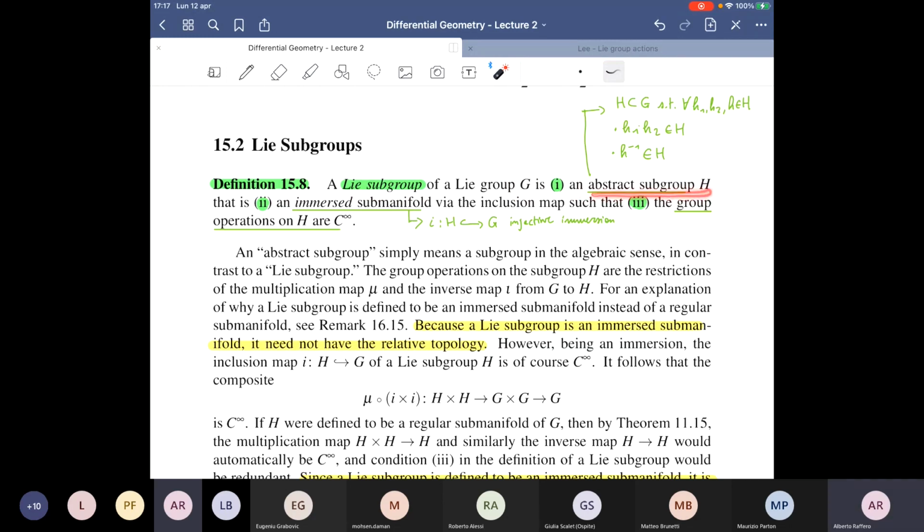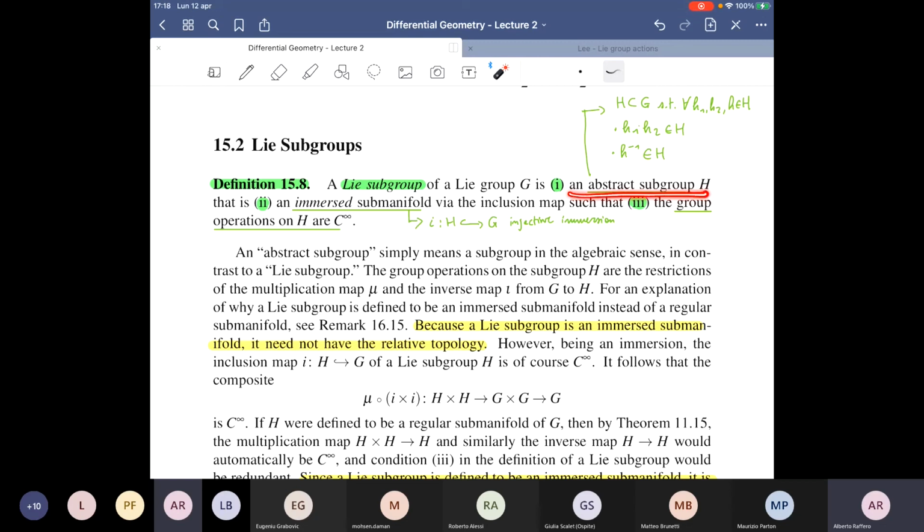Abstract subgroup means exactly what I said before. It is a subset of G such that for each element you take in this subset, their product stays in the subset and the inverse of any element stays in the subset. So it is a group on its own for the restriction of the product that you have defined on the bigger group G, on the ambient group G, if you want.